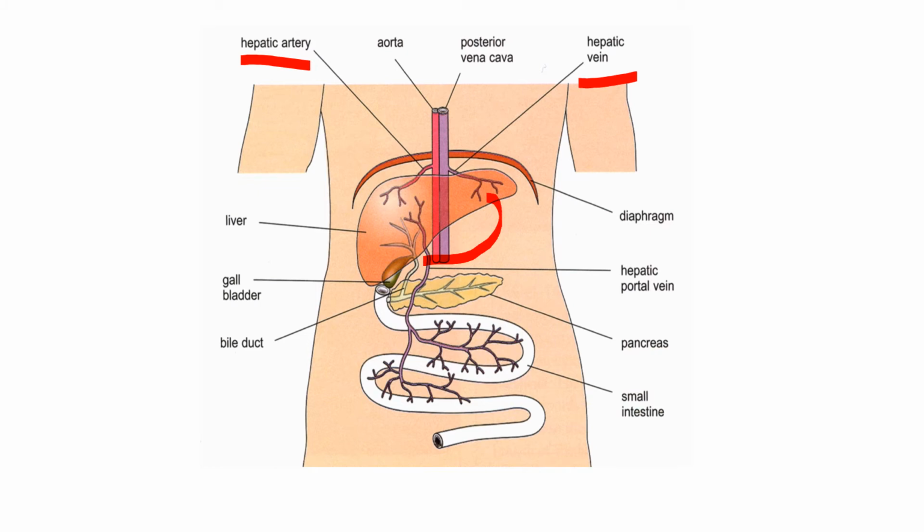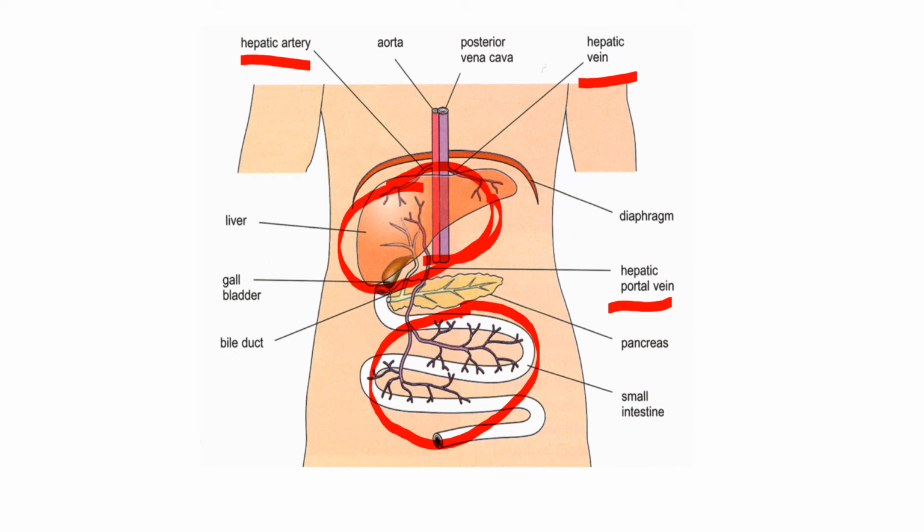The vein is taking carbon dioxide-rich blood away from the liver, and it's also going to be taking urea away from the liver because the liver forms urea. And then you've got your hepatic portal vein, which links your digestive system with your liver. Okay, so you can see this absorbing all of those products of digestion and then taking them into the liver.